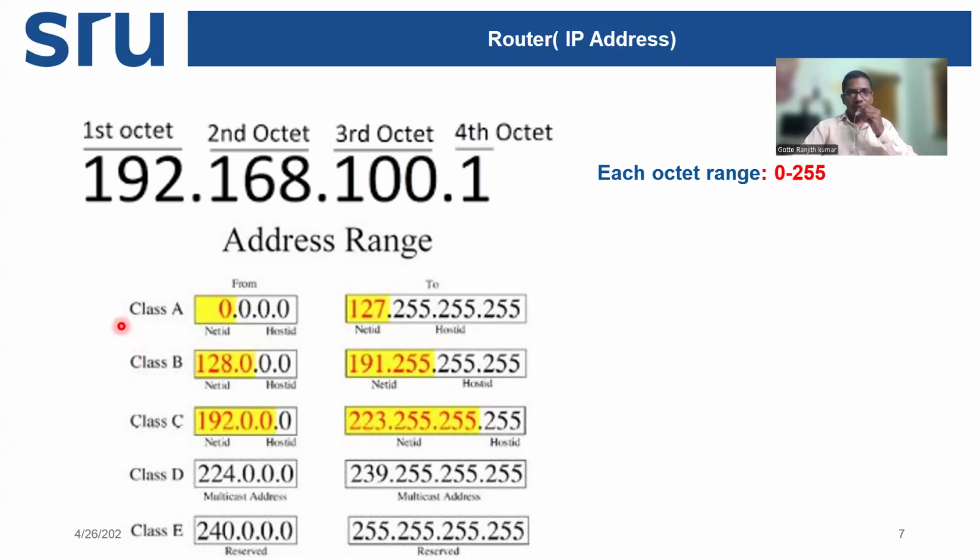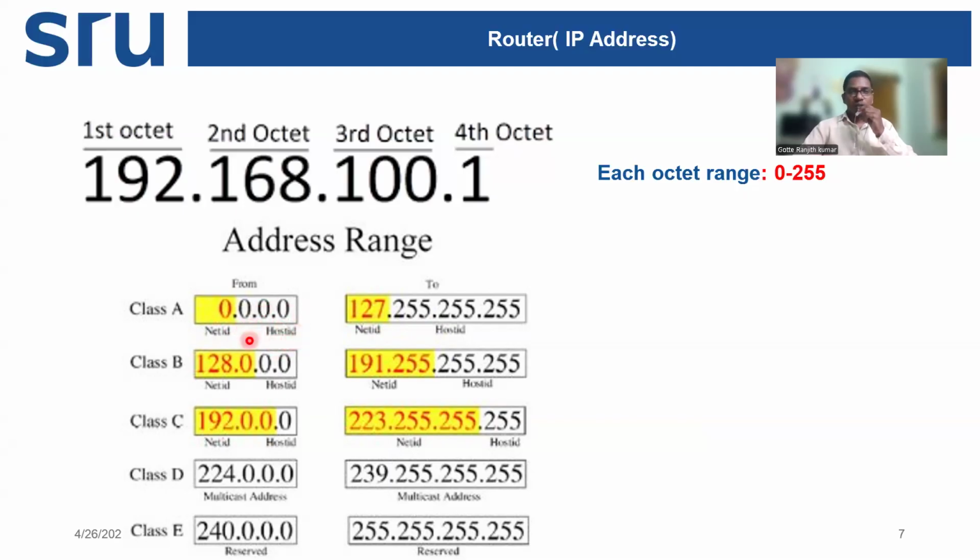So look at this class A address. In this class A address, a total of 4 bytes or 4 octets are there. This is the starting range of class A and this is the ending range of class A. In these 4 octets, the first octet represents the network address or network ID. The remaining 3 octets represent the host address or host ID.